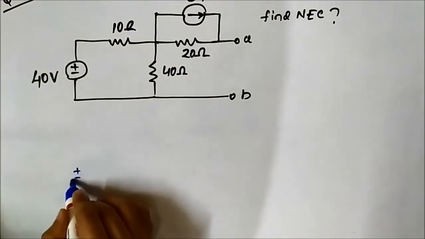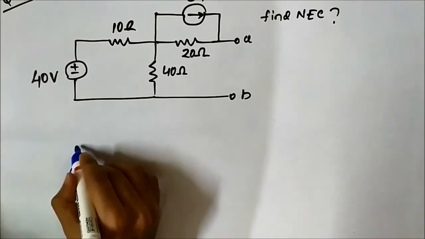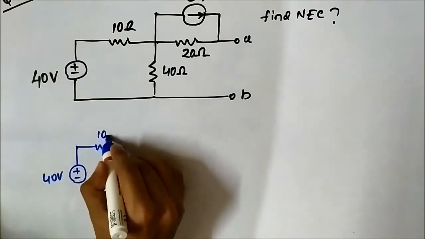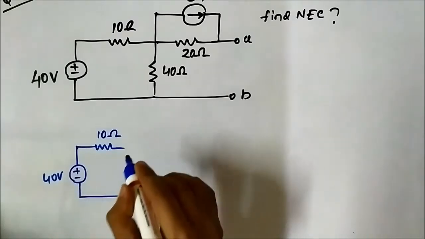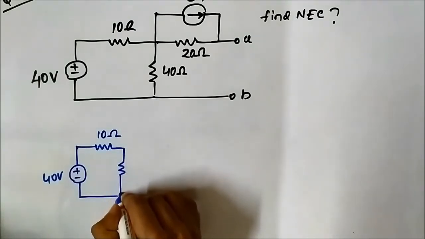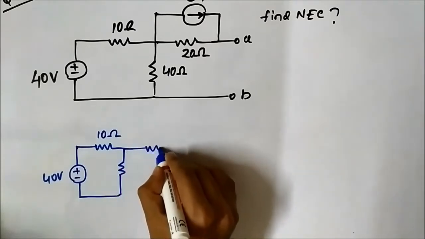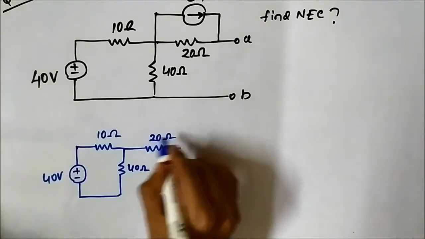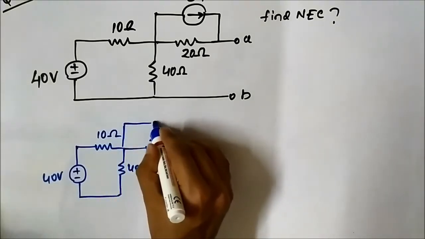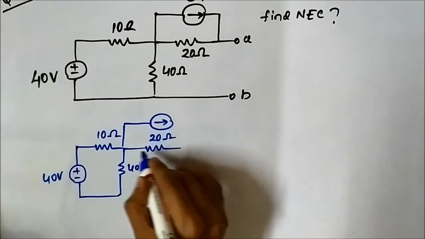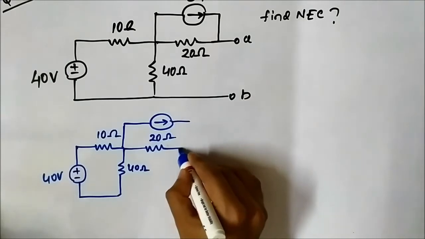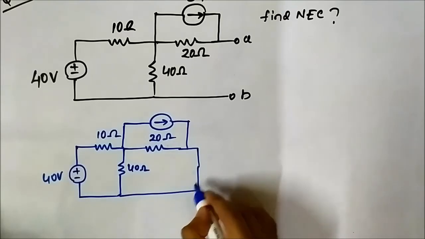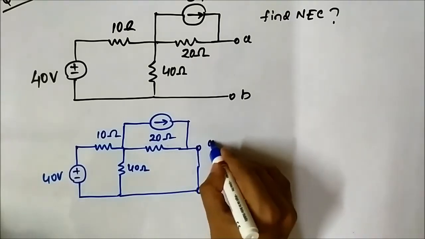This is 40 volt, this is 10 ohm, this is 40 ohm, this is 20 ohm, and we short circuit these two terminals.